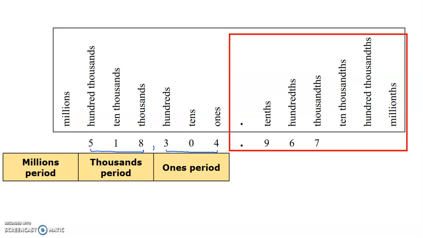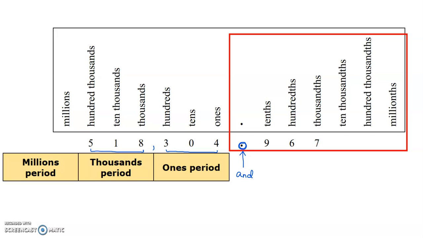And in the ones period, we read 304. So we have 518,304. Then we have a decimal. And the decimal, to know that it's a decimal when we're reading the numbers, we use the word and.